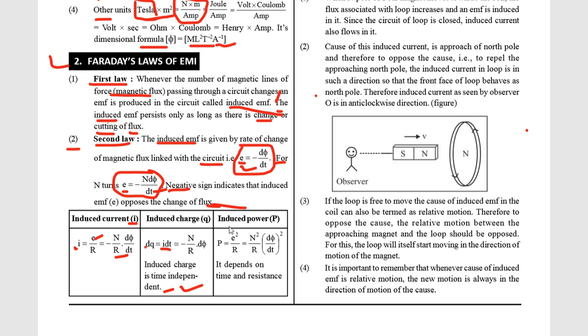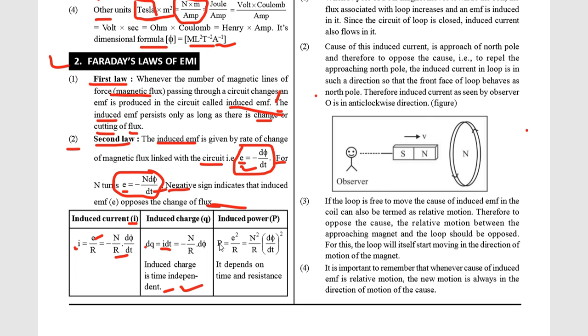Next one is induced power. Students, you know that power is defined as V square upon R. In current electricity we have studied this formula, power is equal to V square upon R, but you can replace that V by induced EMF.